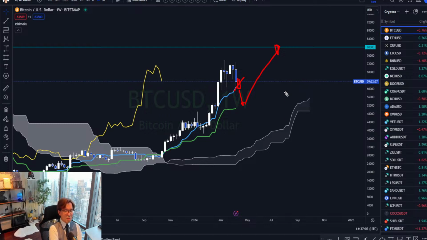Simply because the Kumo is bullish and Chikou span is above the candles. Even if the price breaks Tenkan Sen, Chikou span will never touch the candlesticks. So in that sense, it's still bullish to me. Okay, so that's BTC USD.